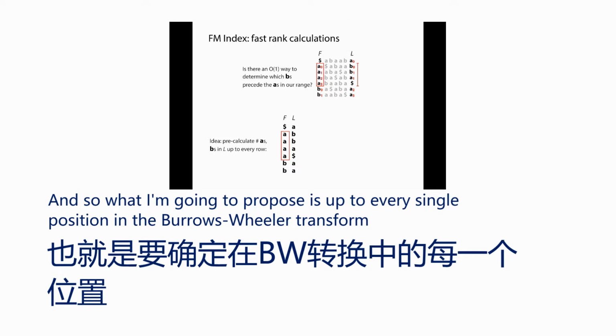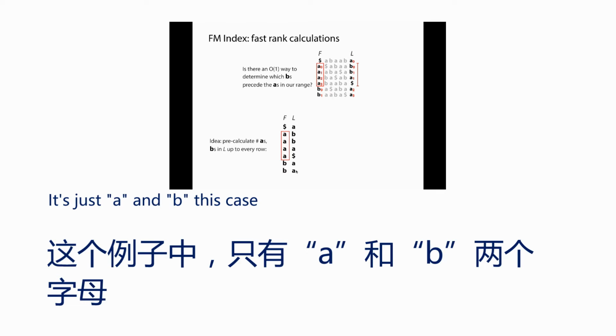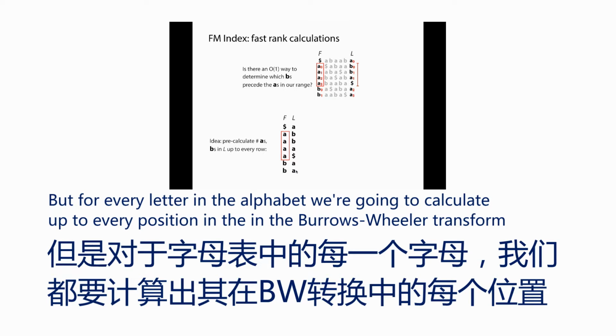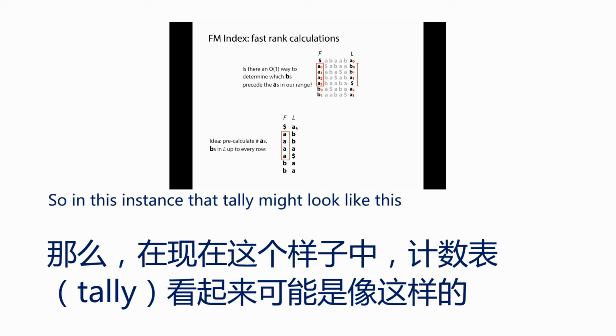And so what I'm going to propose is up to every single position in the Burrows-Wheeler transform here, we're going to pre-calculate the number of A's and the number of B's, the number of each letter of the alphabet. It's just A and B in this case, but for every letter in the alphabet, we're going to calculate up to every position in the Burrows-Wheeler transform how many times we've seen that letter occur, up to and including that row. So in this instance, that tally might look like this.